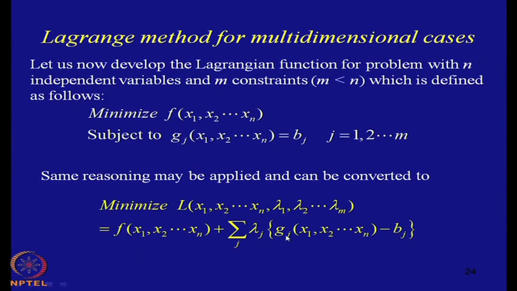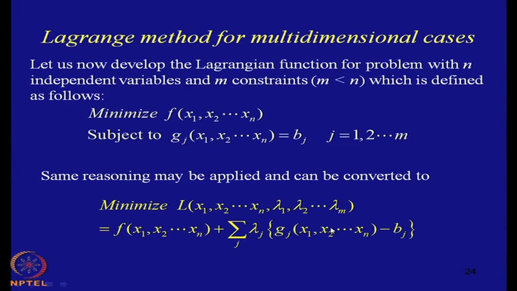F plus lambda 1 into (g1 minus b1) plus lambda 2 into (g2 minus b2), and in this way j will run from 1 to m, and this is the corresponding Lagrange function. What do we see in the Lagrange function?